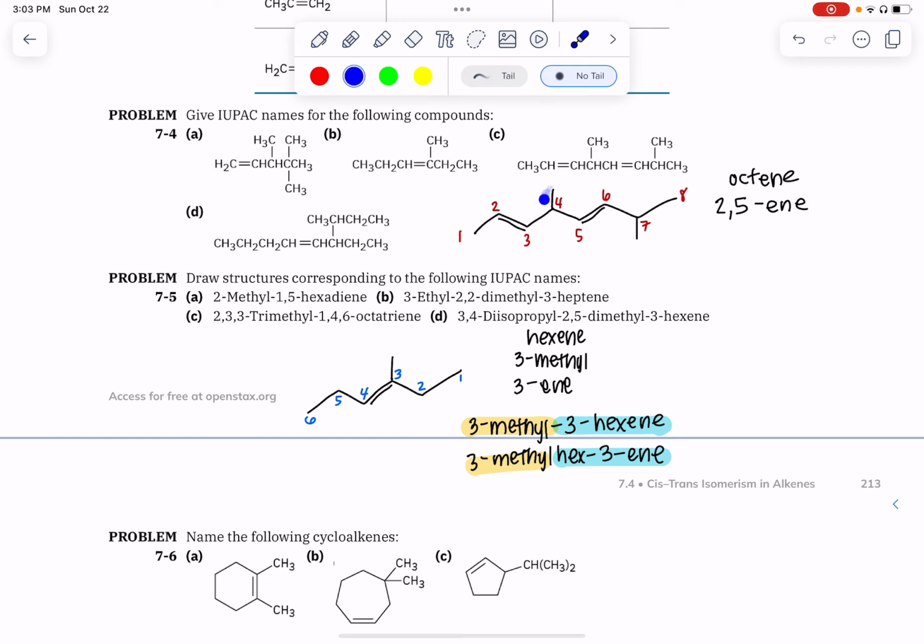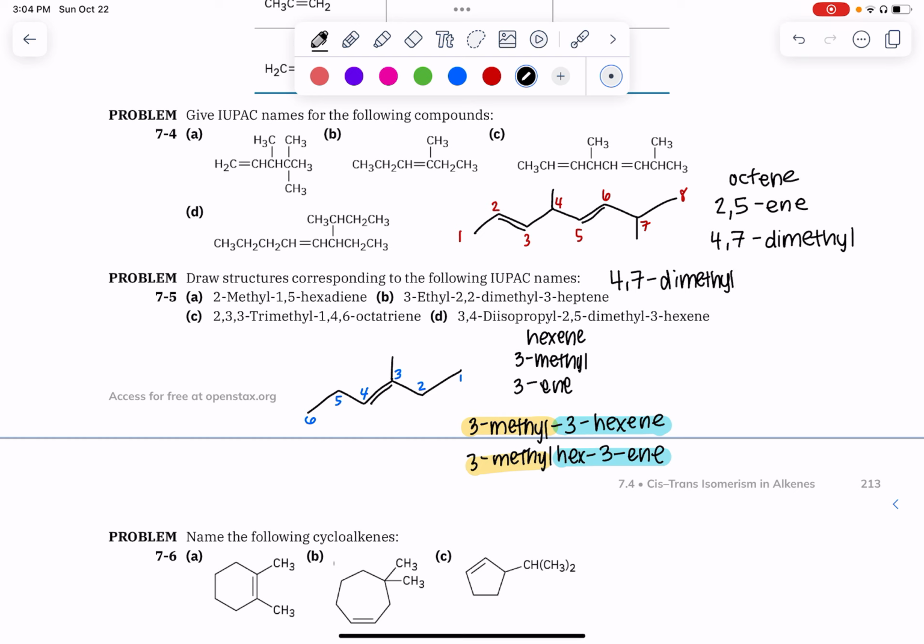I have a 4 and a 7 methyl, 4, 7, and we're going to call that dimethyl because there's 2 of them. And that's all I see. So now I can say this is 4 comma 7 dimethyl, and I could say 2 comma 5 octene.